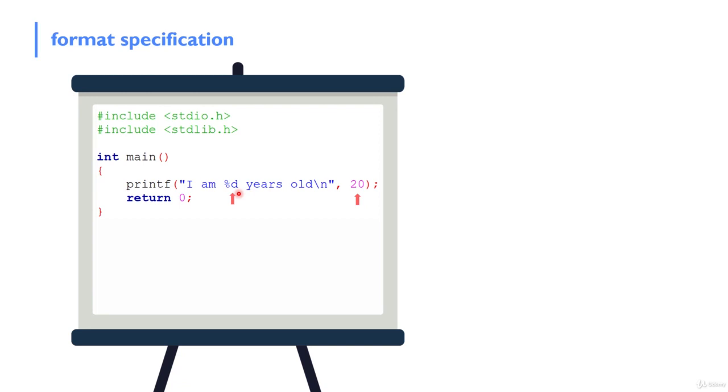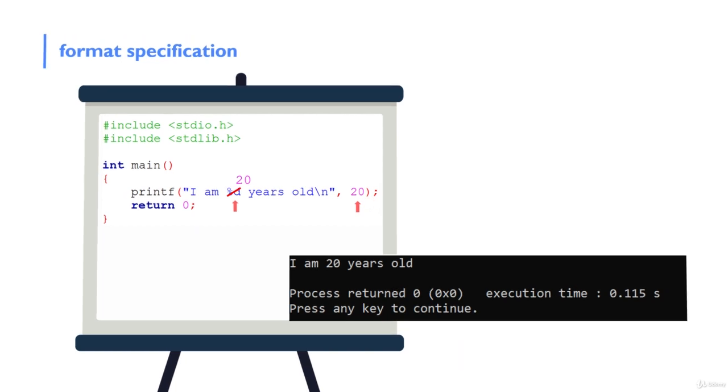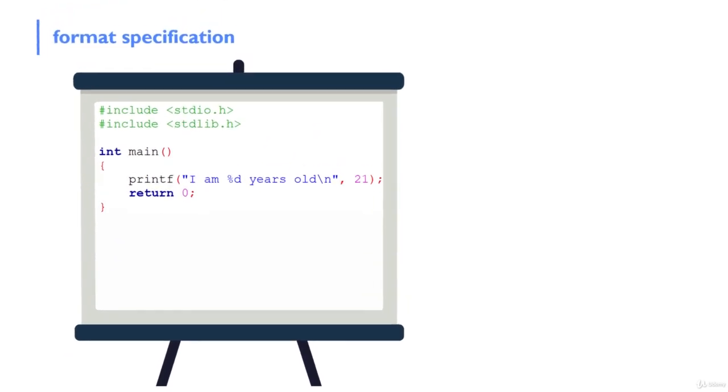So if you build and run this program, you will see the same result displayed on your screen as you've seen previously: I am 20 years old. It's the same, right? What happened here is just that this %d, this placeholder, was replaced by the number 20, which appears right after the comma. And if we want to change this line to support next year, then we should do something like this.